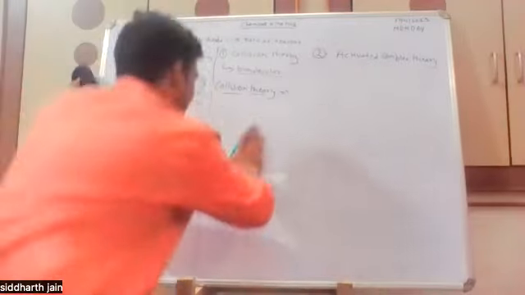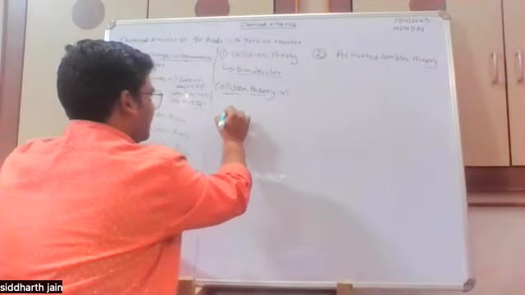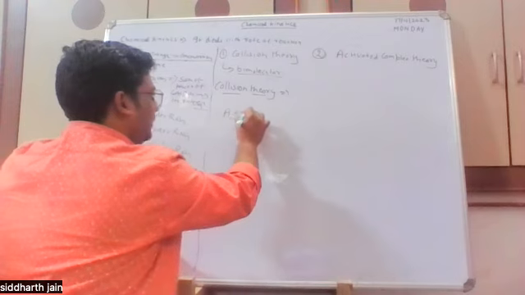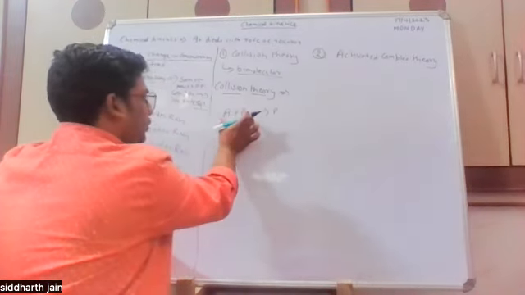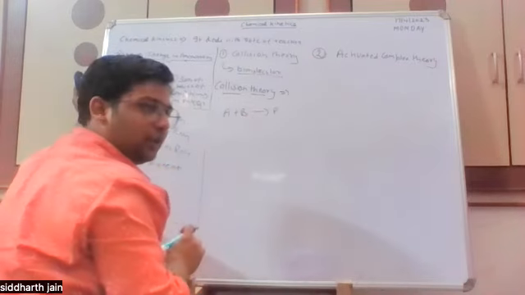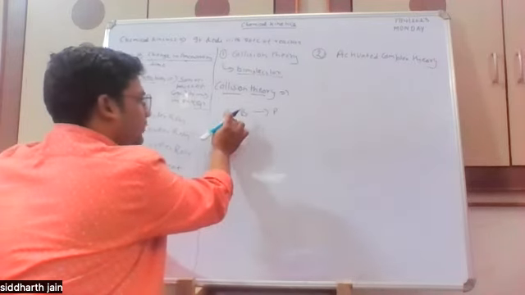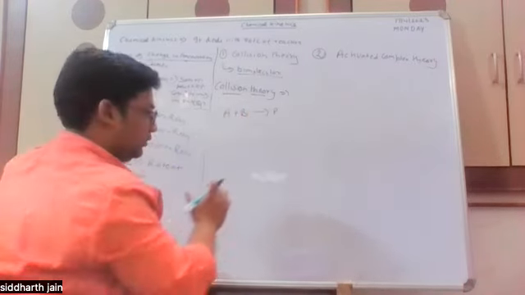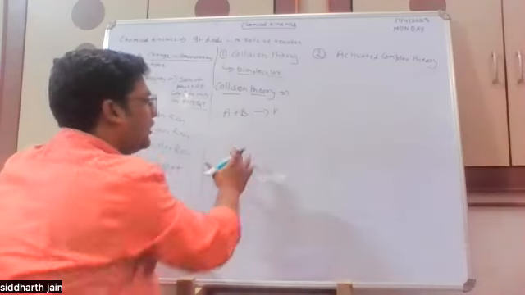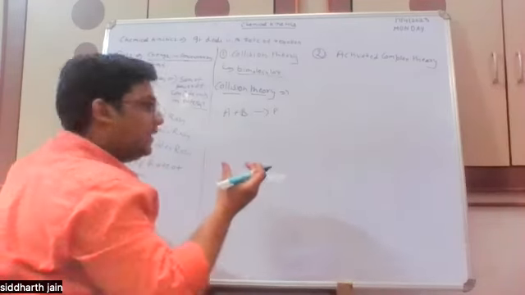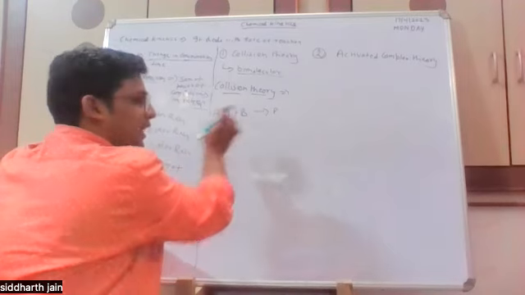For deriving the collision frequency, let's consider a case when A plus B goes to the product. In this case, A molecule is reacting with the B molecule and the product is forming. So we assume that A molecules are getting collided with the B molecules. Now, if we want the collision frequency, then we should know how many collisions are taking place in the reaction when A and B are colliding together.